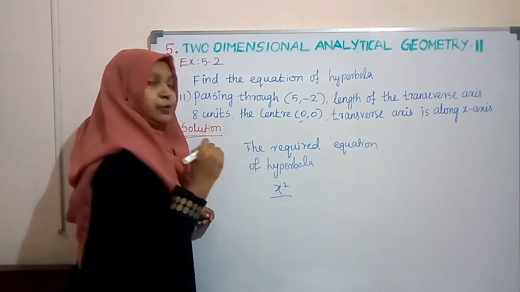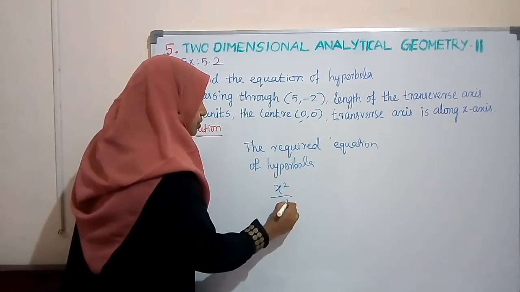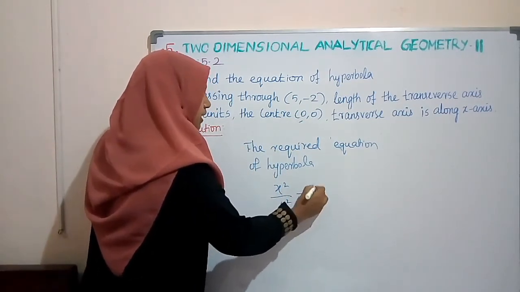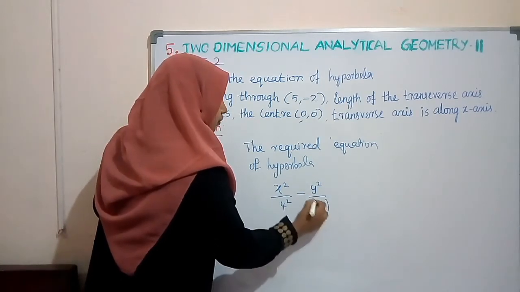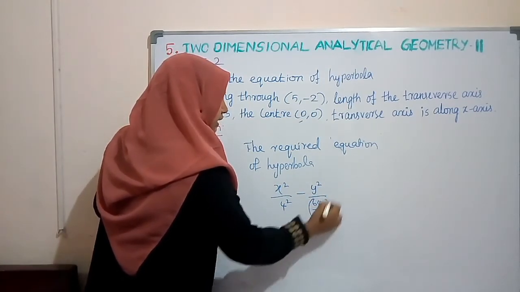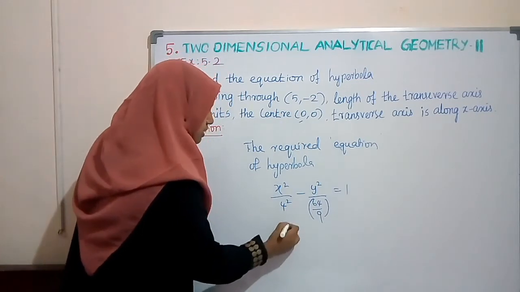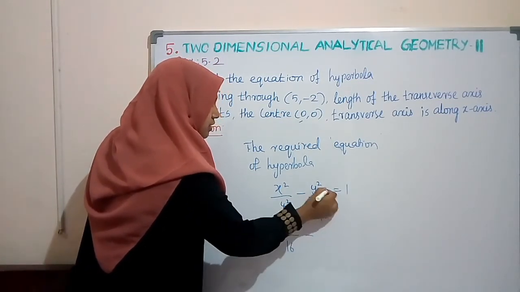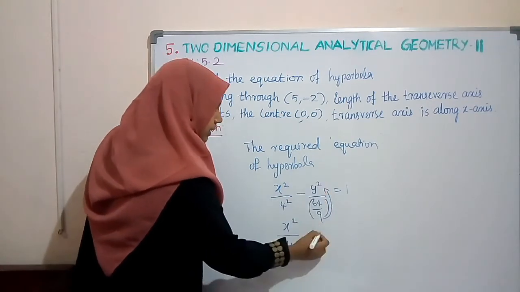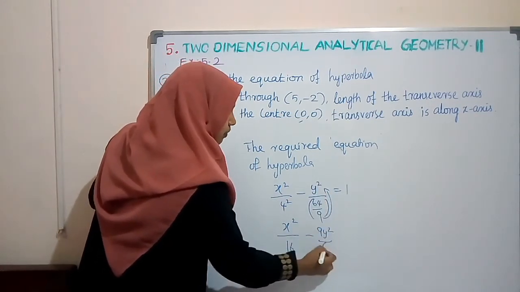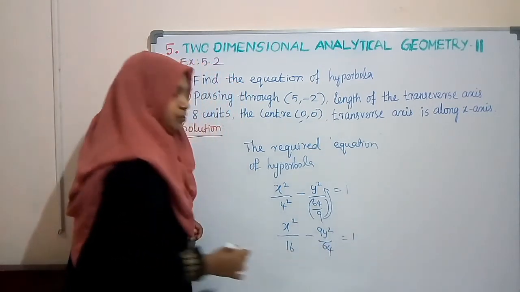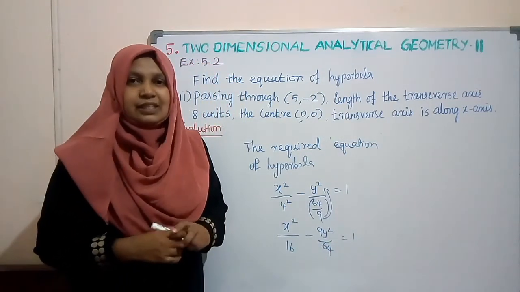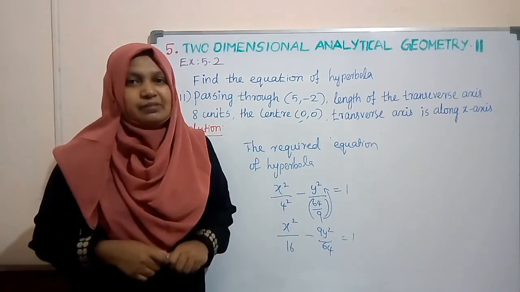We got a value as 4. So we can write 4 square minus y square by b square. Now we got 64 by 9, is equal to 1. Once again you can write it as x square by 16 minus, take this 9 to the numerator, 9y square by 64 is equal to 1. Understood? Yes, this is our required equation of hyperbola.